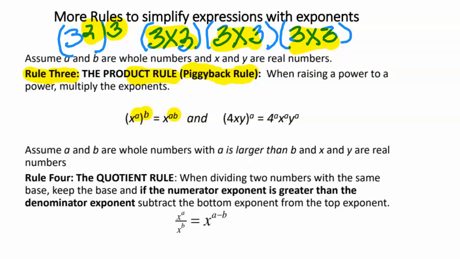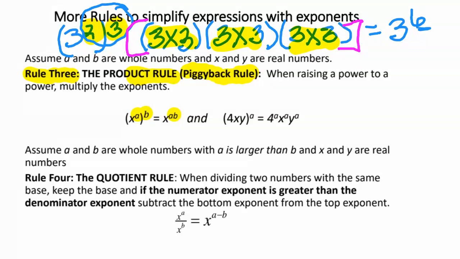But how many 3's do I have? I have 3 to the 6th. I take this 2 and this 3 and I multiply. That's how I get 6. And what I do in here between my two exponents, that's what I have to think. It's repeated multiplication simplified.